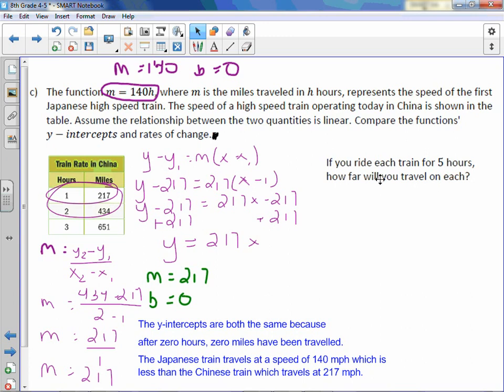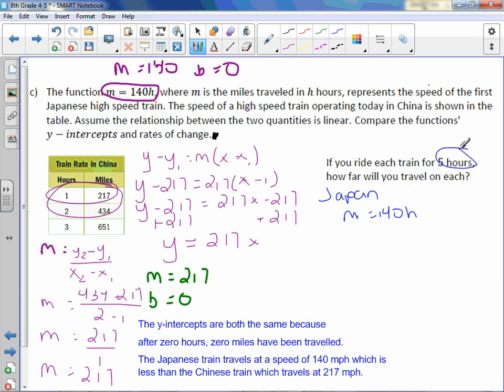The next part, if you ride each train for 5 hours, how far will you travel on each? So we have both equations, let's just plug it in. We'll start with Japan. The function for Japan is m equals 140h. Our hours is 5, so let's plug in 5. M equals 140 times 5. M equals 700.